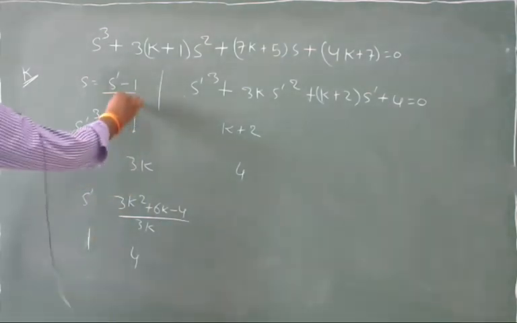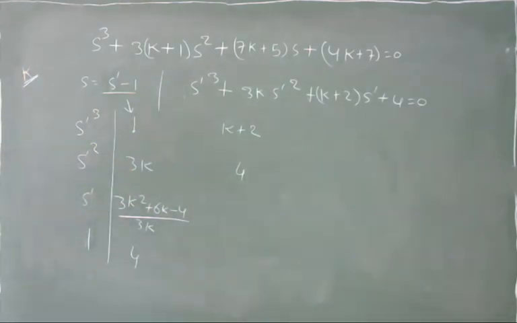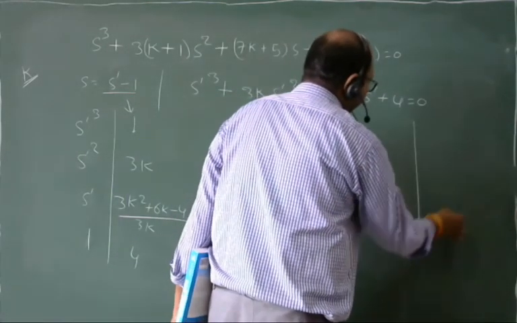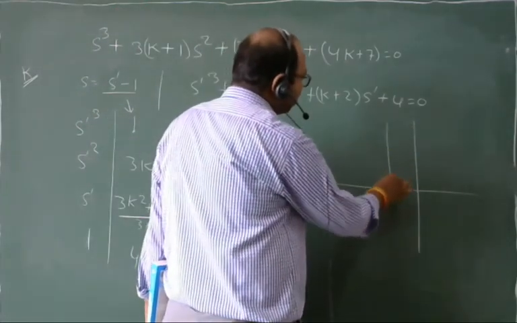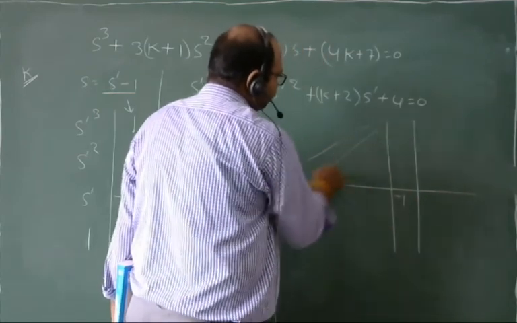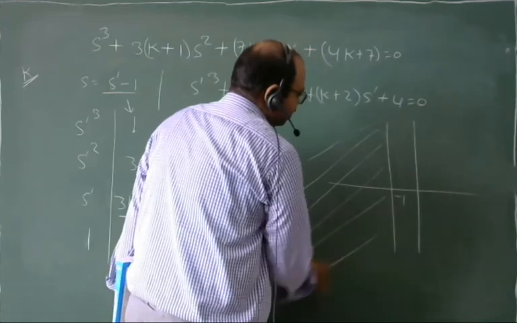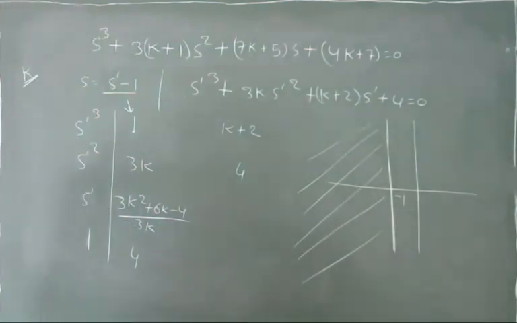Look at the first column. If all the values have the same sign in the first column of the Routh table, the roots will lie in the left half of S is equal to minus 1, right?